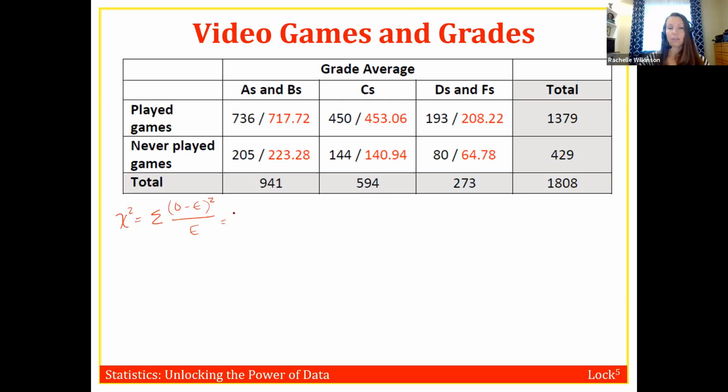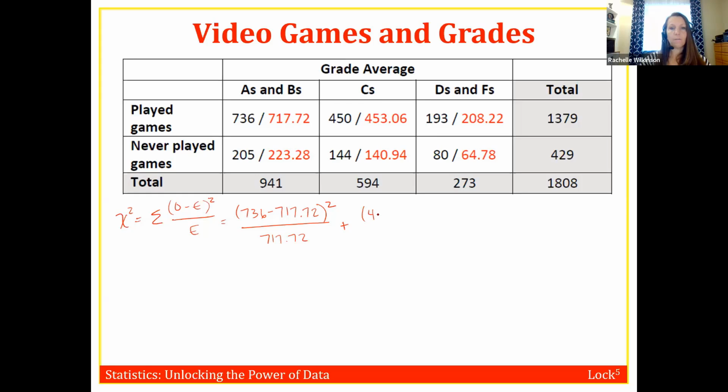Starting with this first cell here, my observed count is 736, and I'm going to subtract the expected count, which is 717.72, square that difference, and divide by 717.72. Same thing for the next cell.